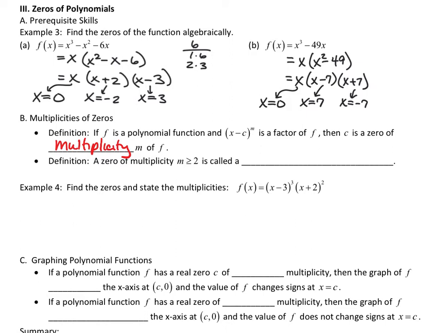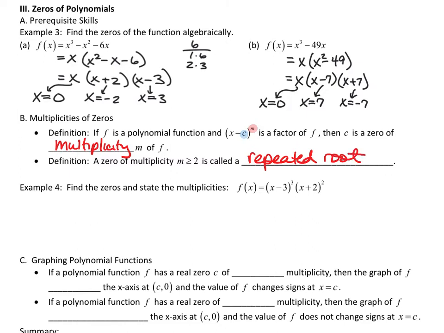So we are saying that this number c that's plugged in right here would be a 0 of the function this many times, whatever the degree or the exponent on that particular factor is. A 0 of a multiplicity where m is greater than or equal to 2, so anything other than 1, is called a repeated root.